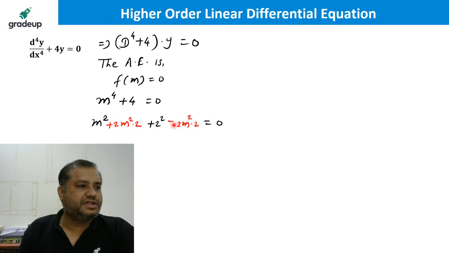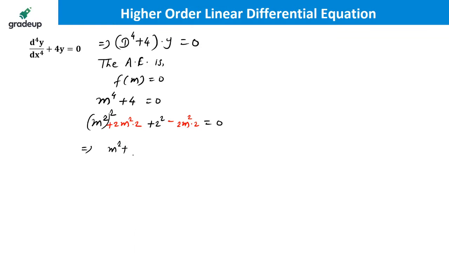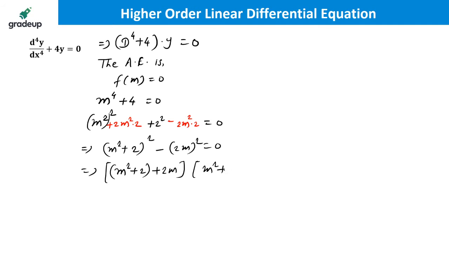We are adding and subtracting this term. So m square plus 2 whole square minus 2m whole square, a square minus b square. a plus b, a minus b equal to 0.